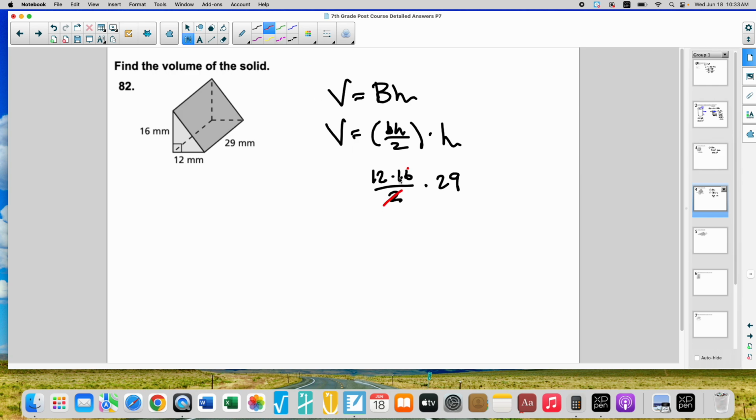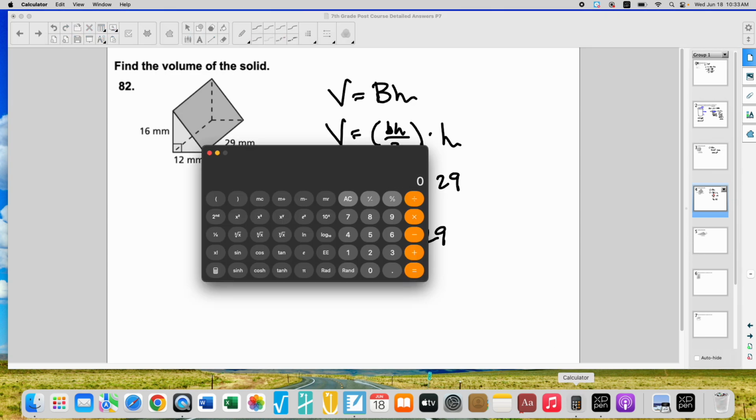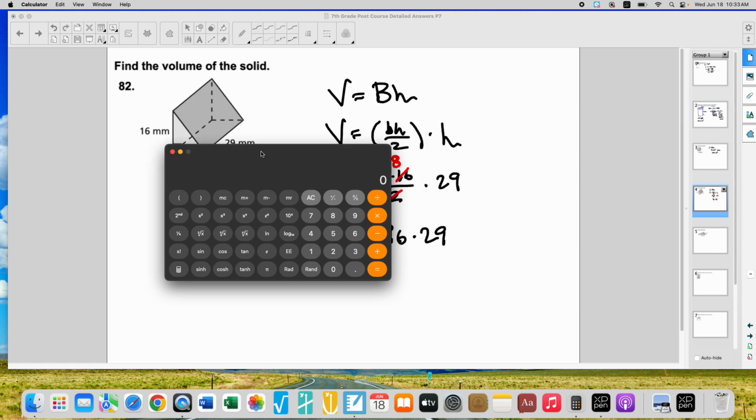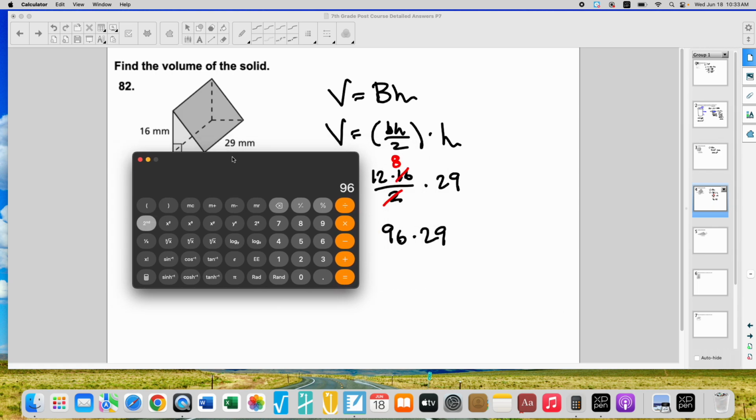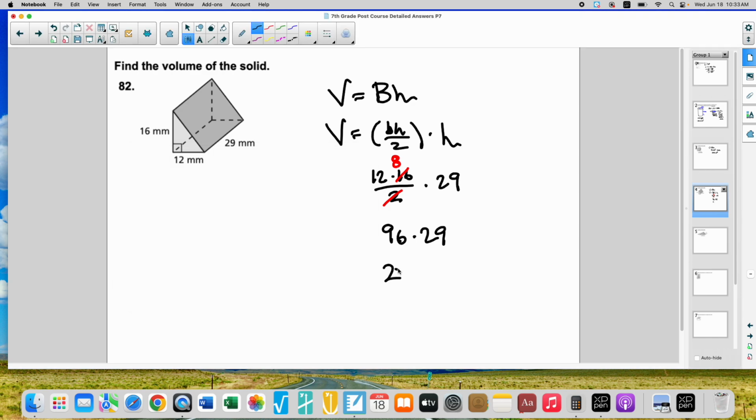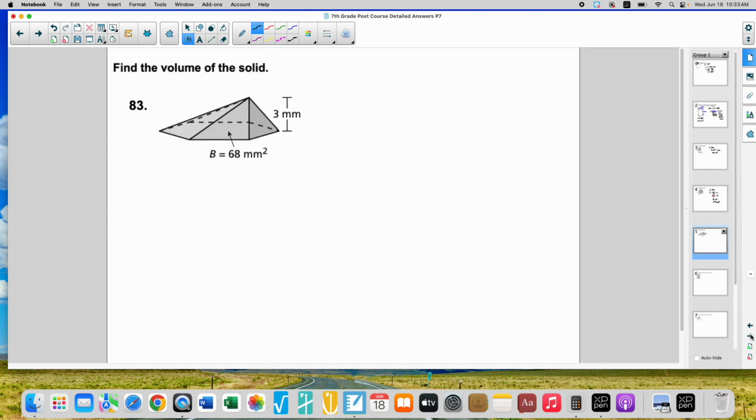We're going to cross cancel to make it easier. 12 times 8 is 96. 96 times 29 gives us 2,784. My units are millimeters cubed. So the volume is 2,784 millimeters cubed.